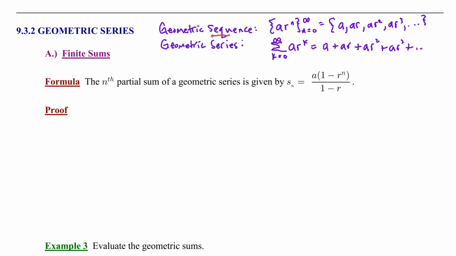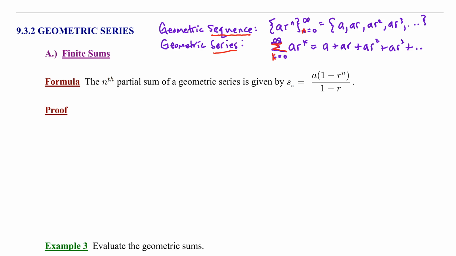So where the sequence is simply the set of numbers following this pattern, the series is the sum of those numbers. The use of the subscript or the index n for the sequence and the index k for the series is just customary. You can actually use any index in either place.